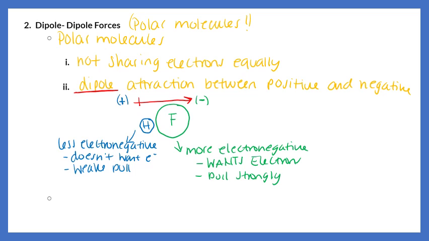And because hydrogen is positively charged and fluorine is negatively charged, it creates this dipole attraction, and other hydrogen fluorine molecules will become attracted to each other, and another hydrogen fluorine molecule will become attracted to the next one. Okay?